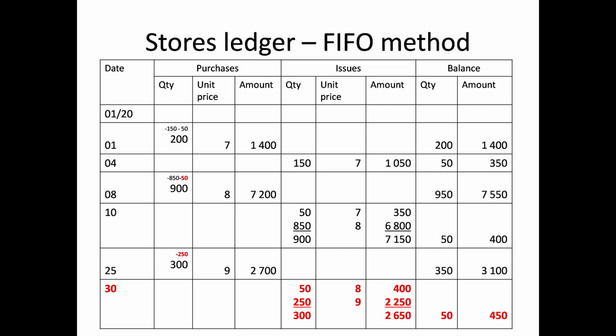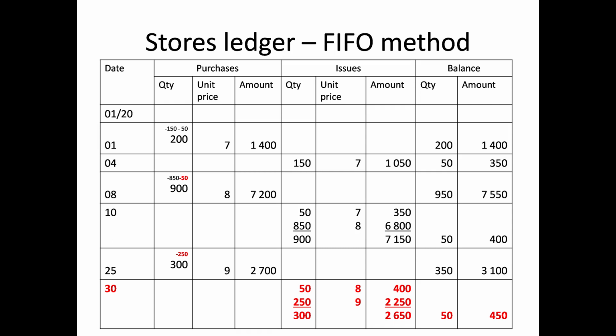There the unit price is 9. 250 multiplied by 9, it's 2250. Now you are ready to enter the issue quantity total. 50 plus 250, it's 300. Total amount of the issue 400 plus 2250, it's 2650.